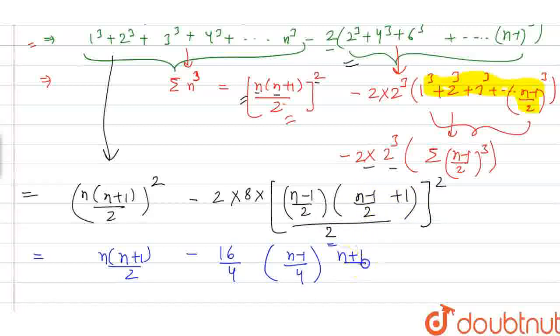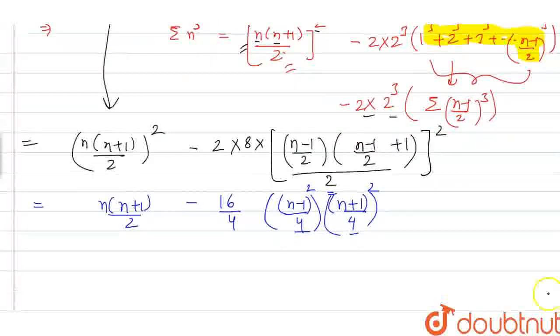So this is (n+1)/2, and 2 square is 4, so this is 4, and this is n+1. So this is basically (n−1) square into (n+1) square, divided by 4, right? So now we can just cancel this 16 with this 4, and this is the expression which is left to us. So we can substitute again.